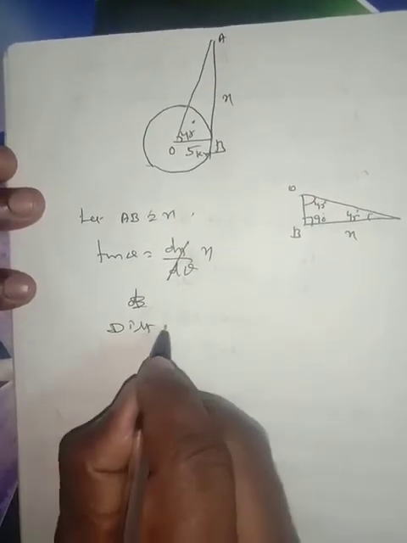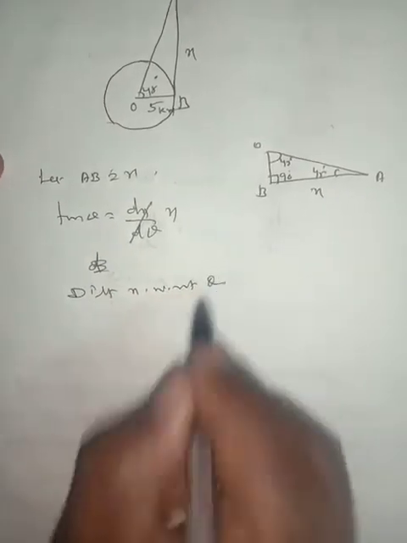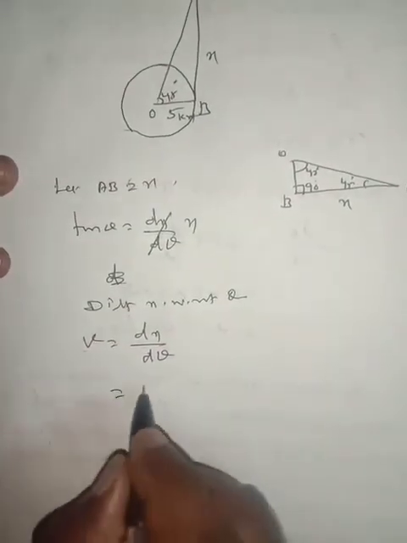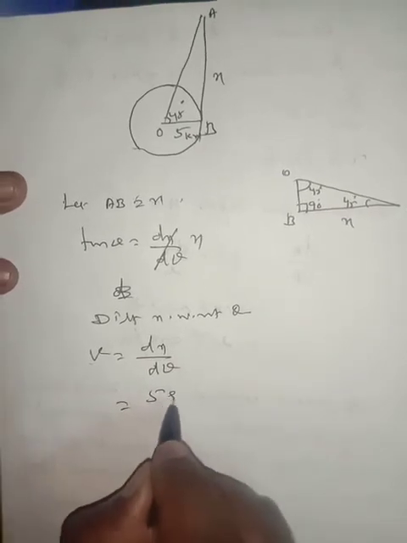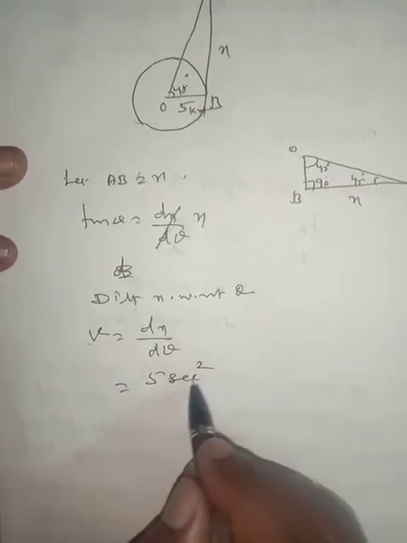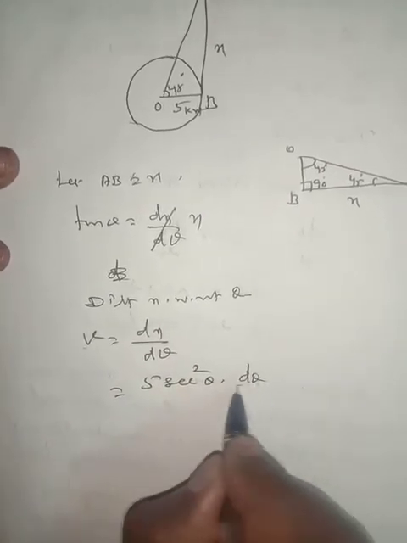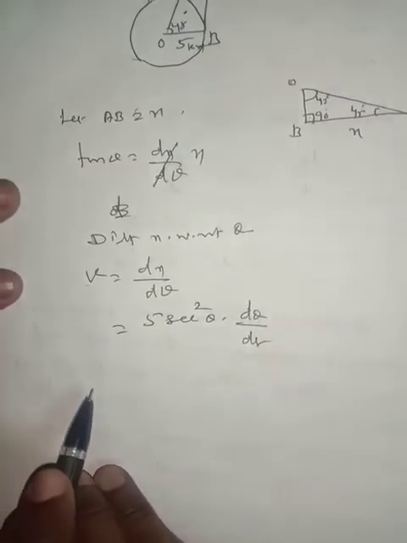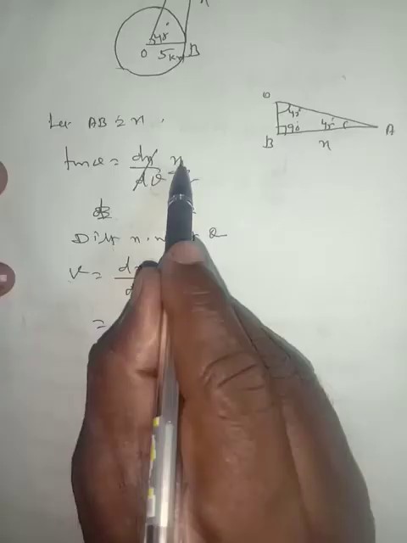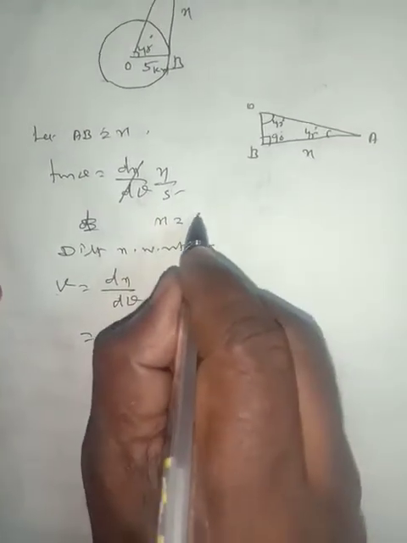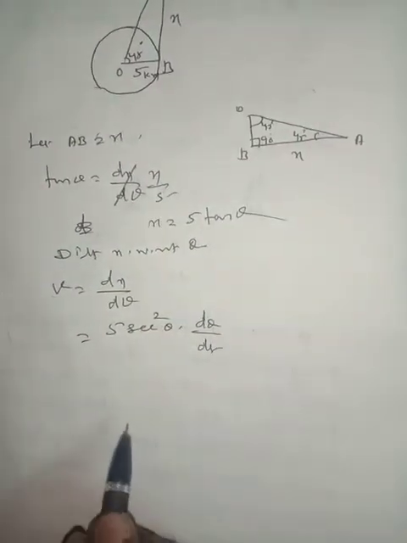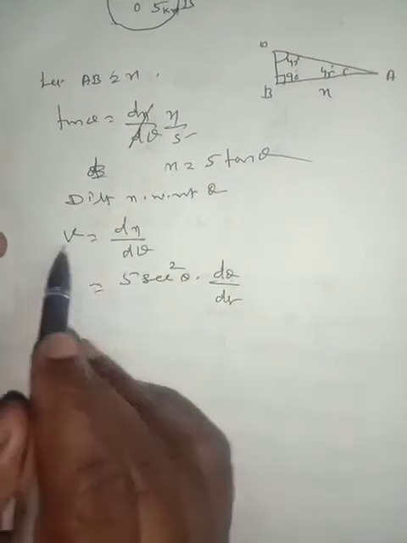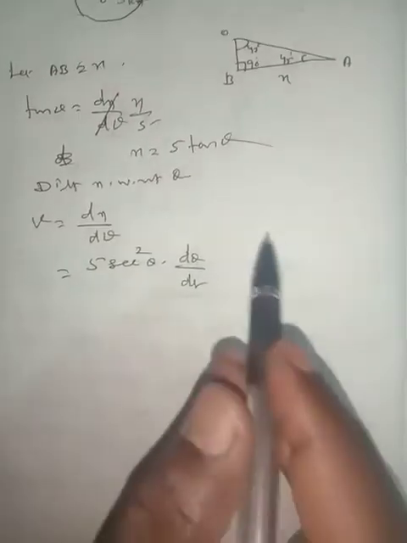Differentiate x with respect to theta, so velocity is equal to dx by d theta, which is 5 secant square theta into d theta by dt.